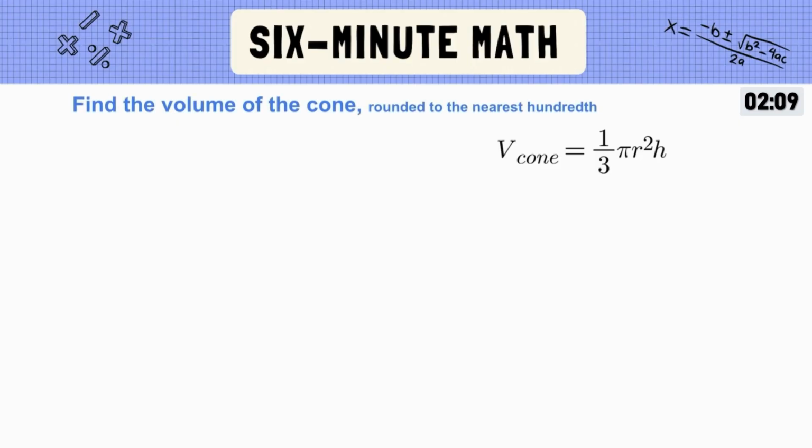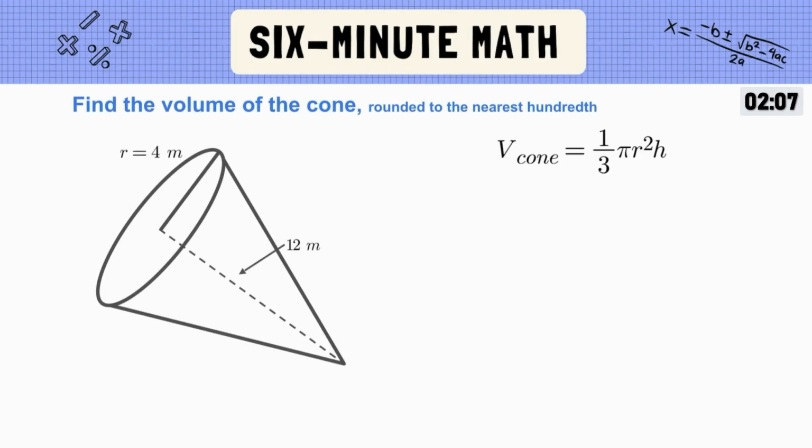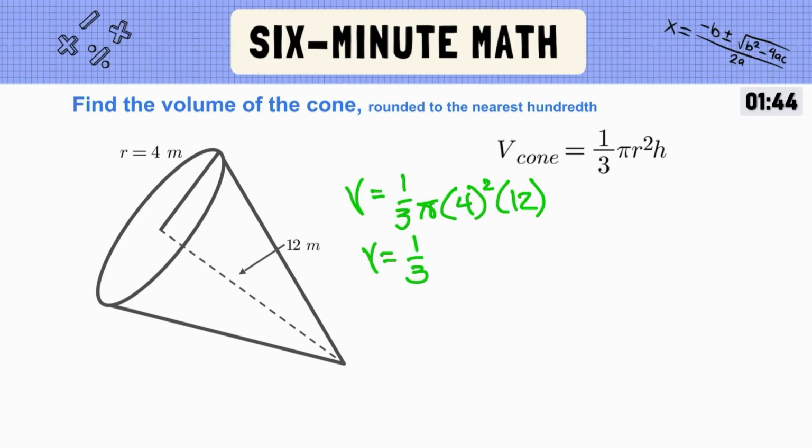Let's check out another example here. We're going to find the volume of the following cone. We have a radius of 4, a height of 12. So let's plug some numbers in. Our volume is equal to 1/3 pi times 4 squared times my height of 12. Find that volume of a cylinder.